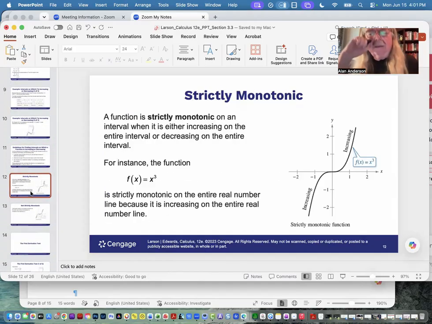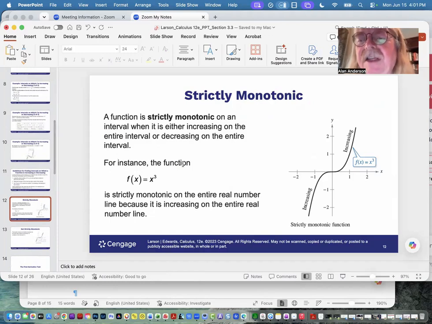Okay, now this is notation that you sometimes hear, these terms. Monotonic. What is that all about? Well, sometimes you have a function that either always increases or always decreases. Okay, so here's a perfect example of that.